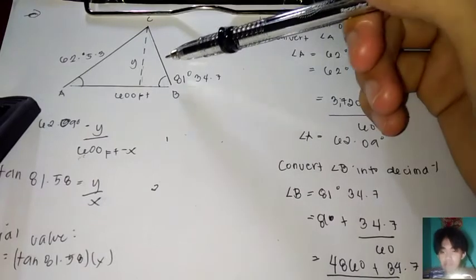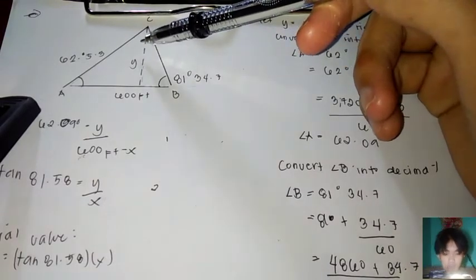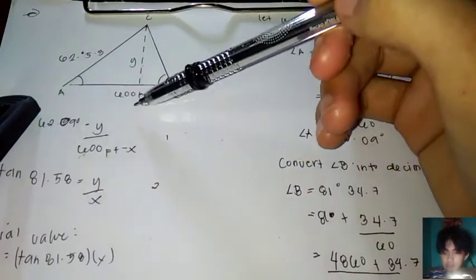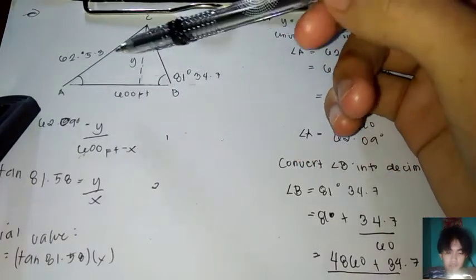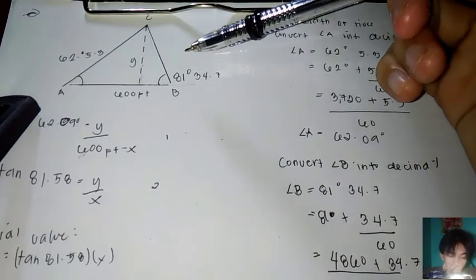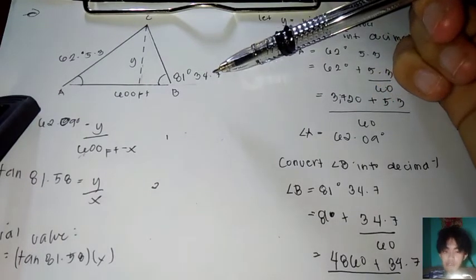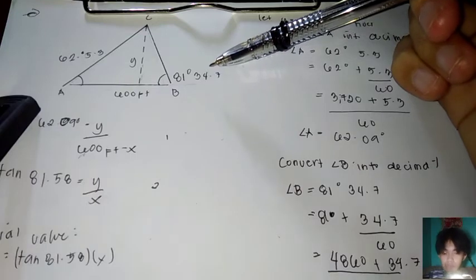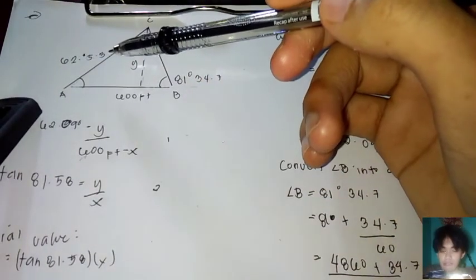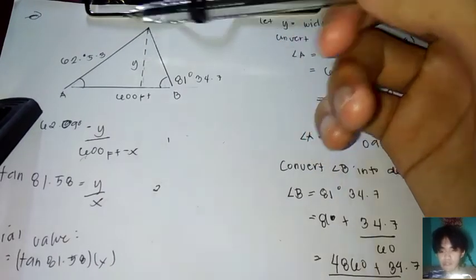So we have here the illustration of the river bank. We have here the width of 60 feet and the angles 81 degrees 34.7 minutes and 62 degrees 5.3 minutes.